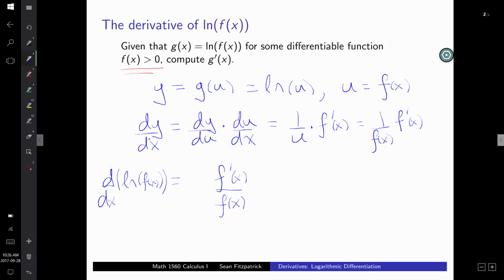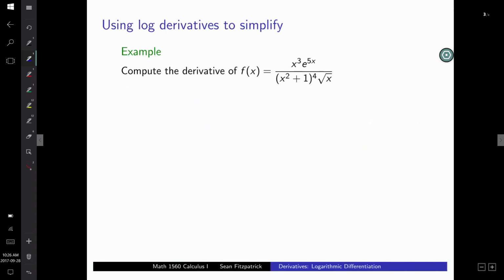All right, so let's see how to put that to use. Well, here's a scary looking function, right? I mean, it's not bad, but think about how you would take the derivative of this using rules that we know. Well, you've got a quotient, so you'd have to use the quotient rule, right?